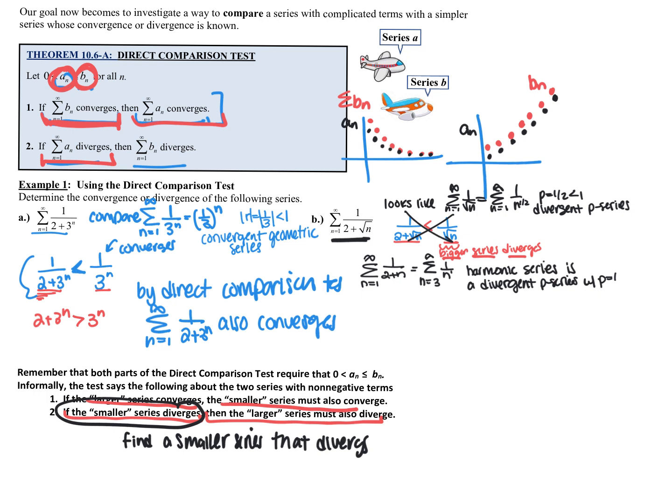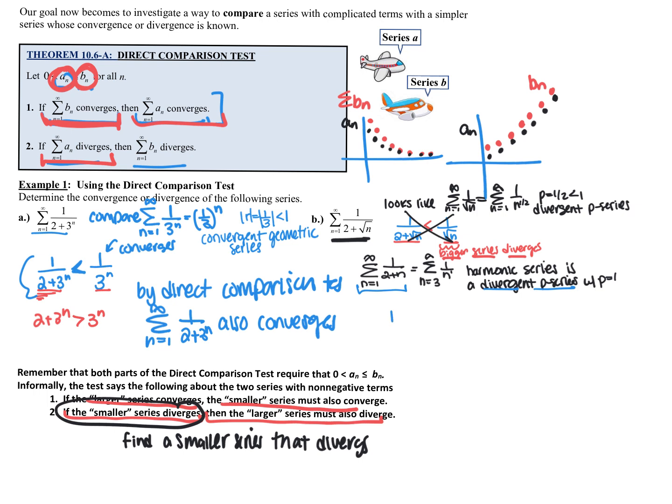We just re-indexed it. We changed this and this just a little bit so that they are the same. Okay? And so that you can see that this is also the harmonic series, even though you're adding 2 to the bottom. Okay, so we know that this guy is a divergent P series because it's the harmonic series.